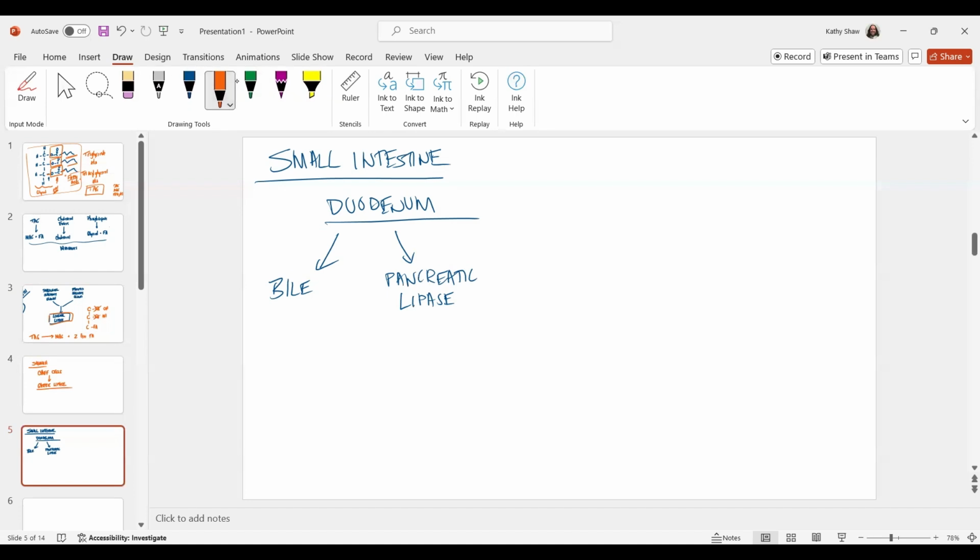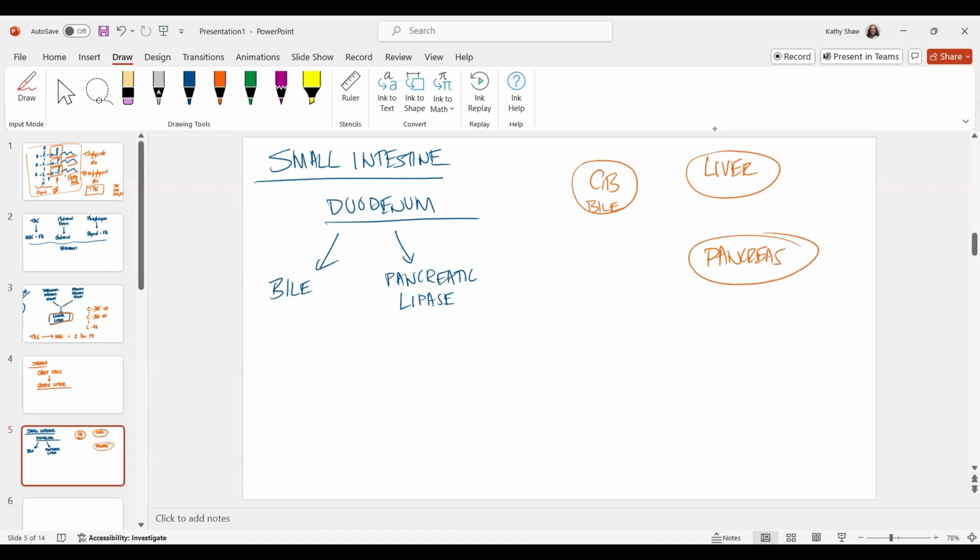We have the gallbladder. And the gallbladder's job is to store and concentrate bile. So bile is the gallbladder's department. We have the liver. And we also have the pancreas.